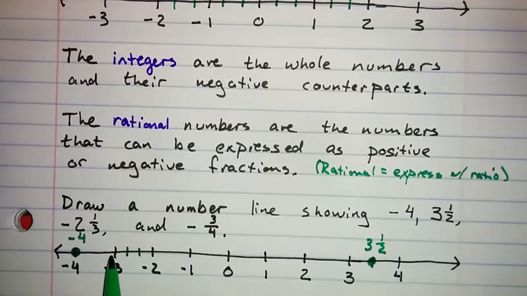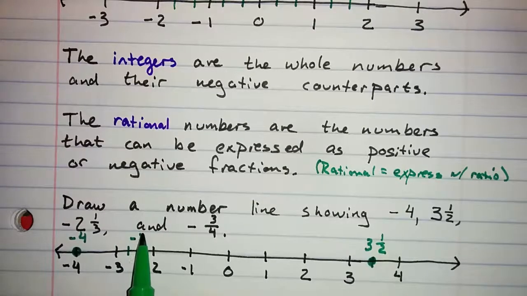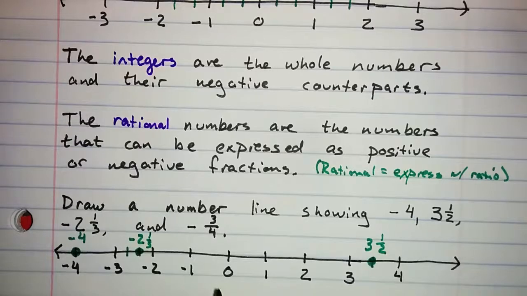So cutting this unit into 3 equal parts, -2 1/3 is going to be here. Then finally -3/4. That's going to be to the left of 0. How far? Cut my unit into 4 equal parts and take 1, 2, 3 of them.